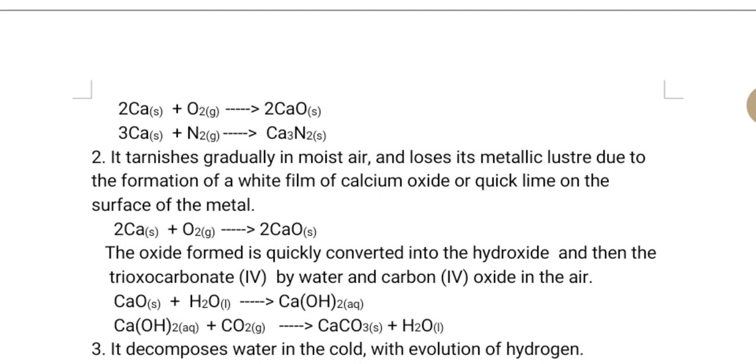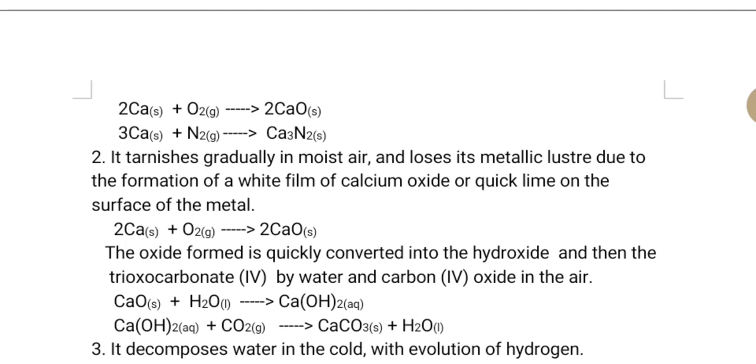2. It tarnishes gradually in moist air and loses its metallic luster due to the formation of a white film of calcium oxide or quicklime on the surface of the metal. Calcium plus oxygen gives calcium oxide.